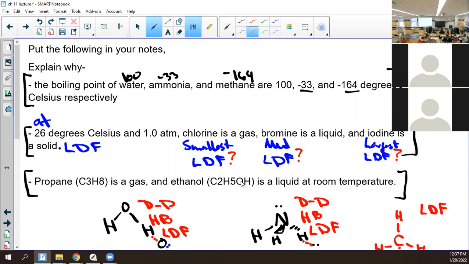Polarizability. So you should say what Davis said. Say chlorine has the least electrons, which makes it the least polarizable. Iodine has the most electrons, which makes it the most, and bromine's in the middle. So you were super close there. You just needed the word polarizable.